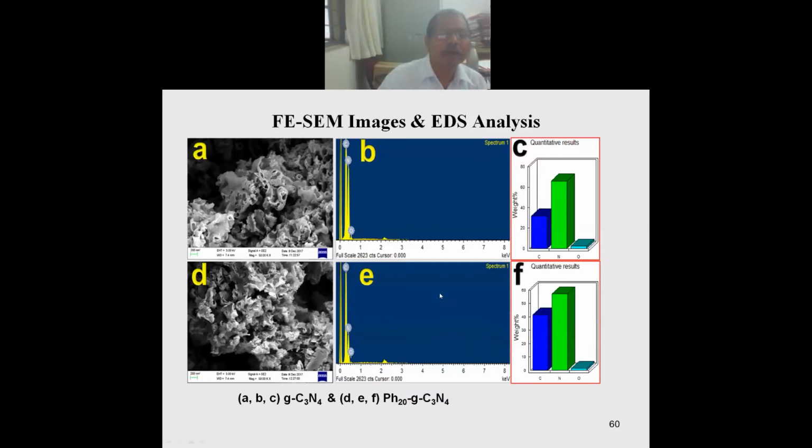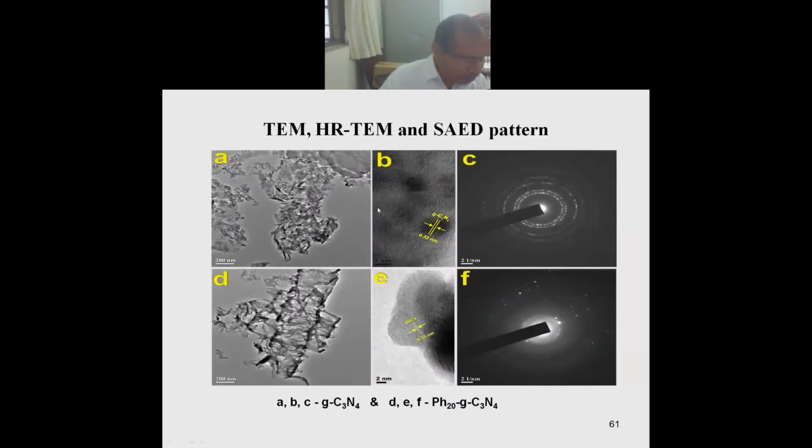This is an HR-TEM image, which shows just like a transparent sheet, and this is showing a rolling, sheet-like appearance.